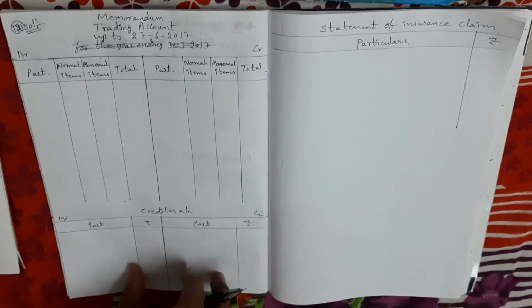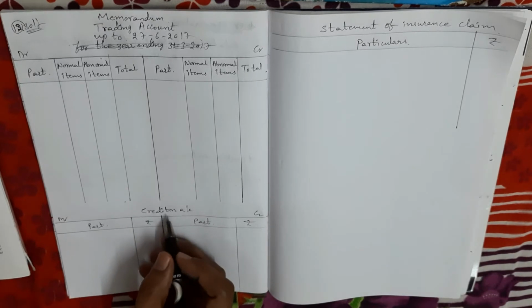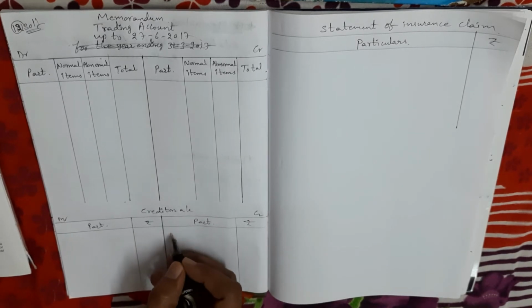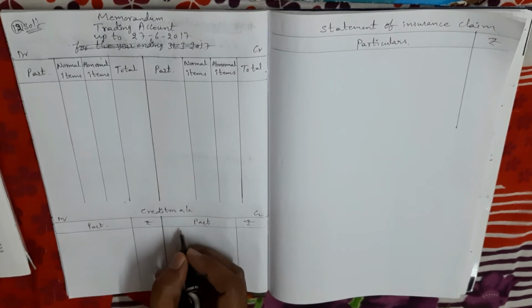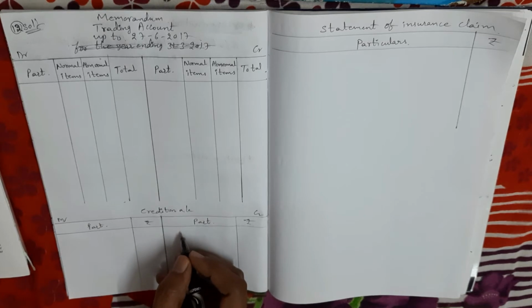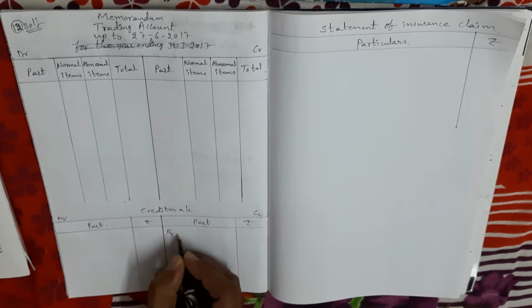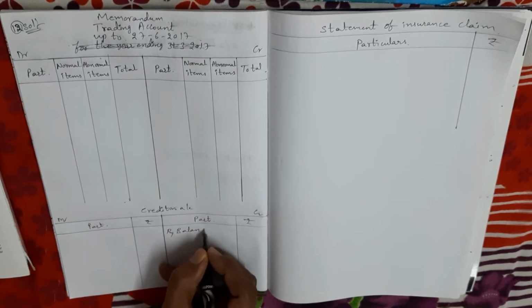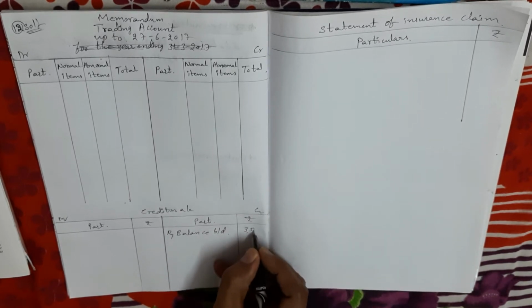So first I am calculating the purchase amount. In the creditors account, by closing the creditors account we get the purchase. See how to calculate the purchase amount: first we take the information given in the problem. In the creditors account, last year closing balance means current year opening balance now. So creditors opening balance we take on credit side as by balance brought down 3,500.